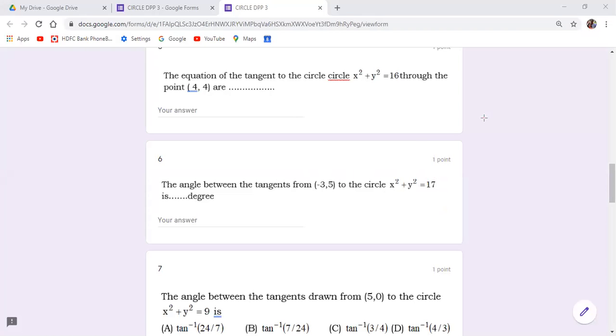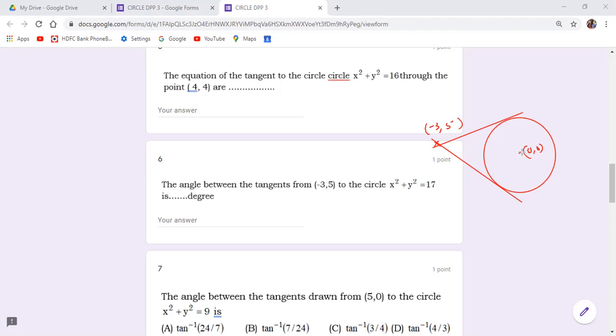So what we have is a tangent here. Where is the point? The point is here, -3, 5. And we want to find the angle between the tangents. Two, three methods are there. I'm going to teach you one method, the geometrical method, because for a standard circle you can always use the geometrical method.